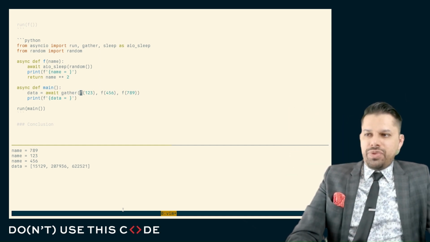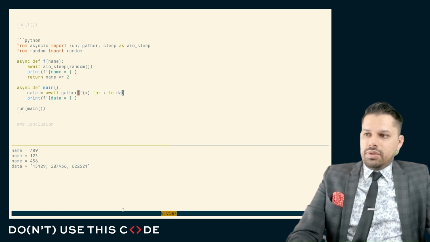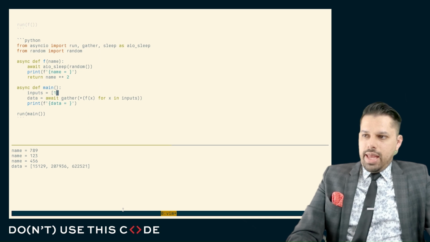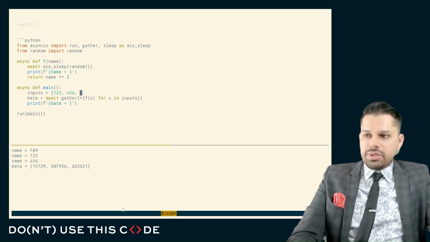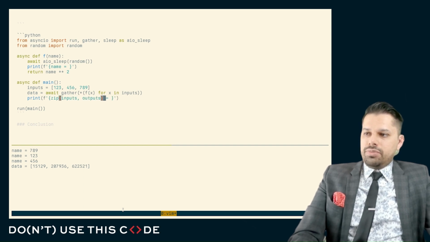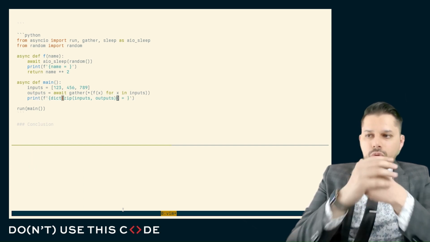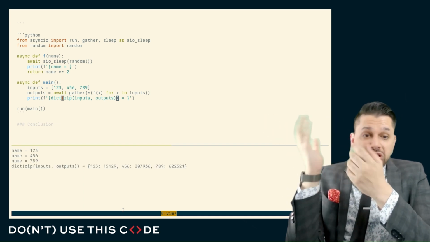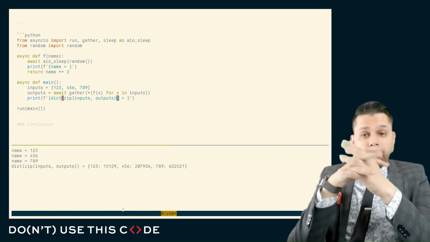So we could, of course, do something like this, for X in inputs, and unpack it like that. And if we wanted to tie our inputs to our outputs, we might end up having to do something like this: inputs, outputs, and then put this into, say, a dictionary so that we can see which input corresponded to which output. But you can see they all get to run whenever they want to run.